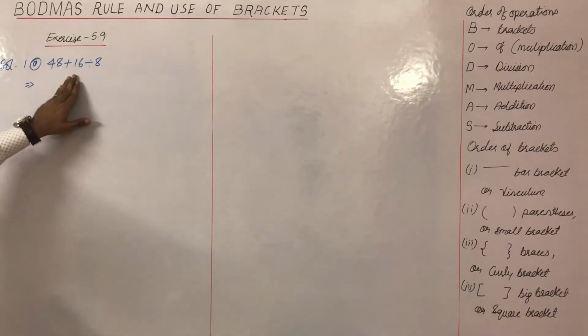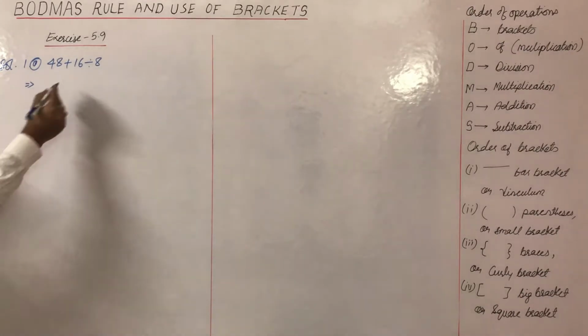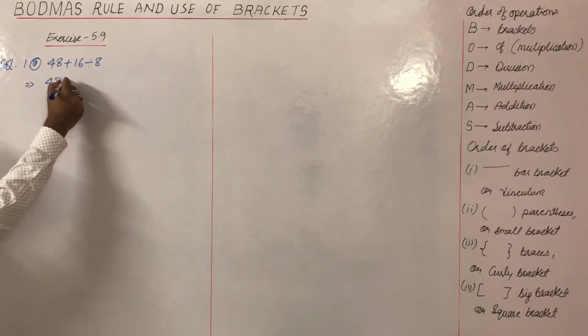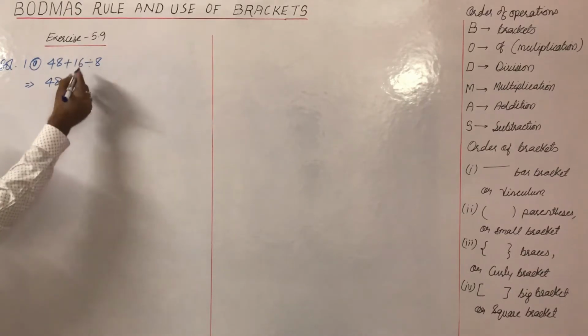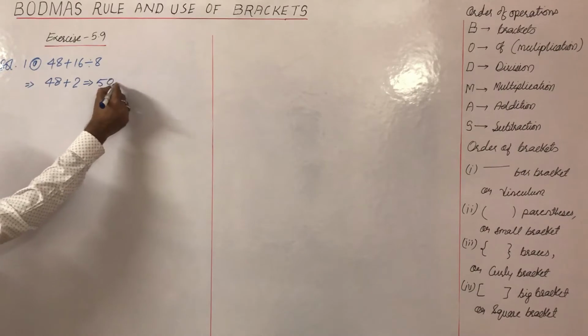Now we have to check as per BODMAS rule what comes first. In BODMAS, D stands for division, A for addition. It means we'll divide first. So 48 plus 16 divided by 8. 16 by 8 is 2 and the answer is 50.